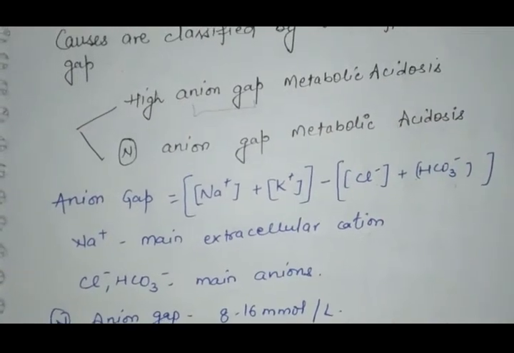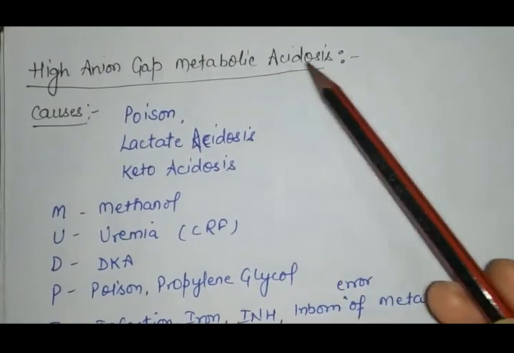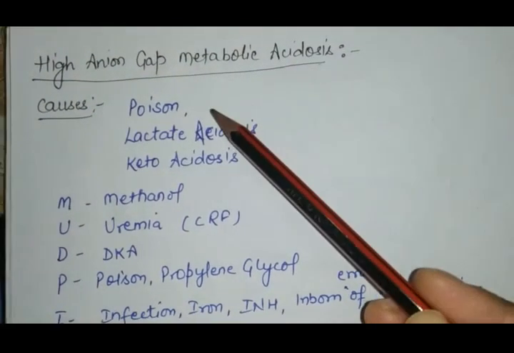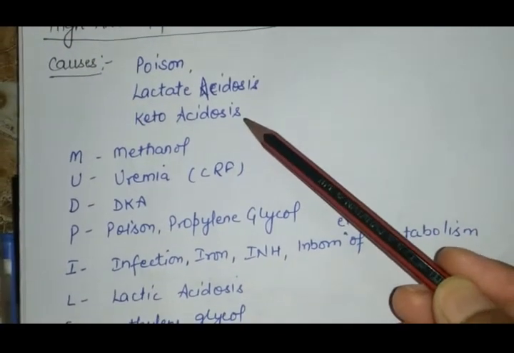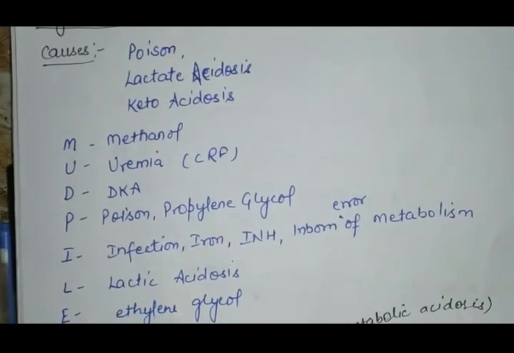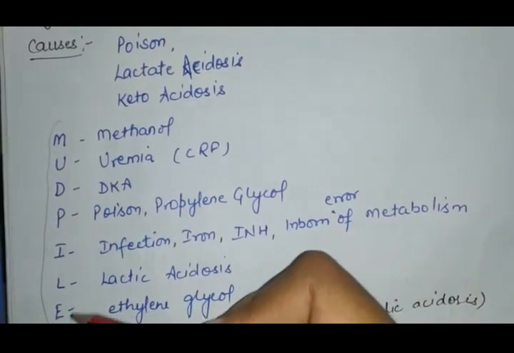Now we will see the causes of high anion gap metabolic acidosis. The causes may be poison, lactic acidosis, ketoacidosis. You can learn these causes by the mnemonic MUDPILE.